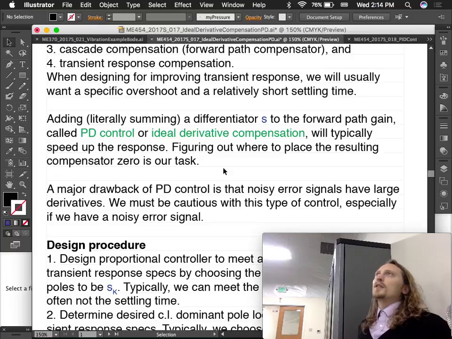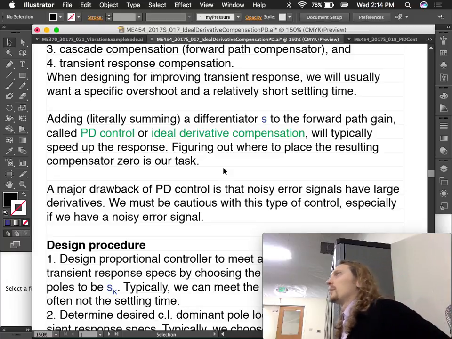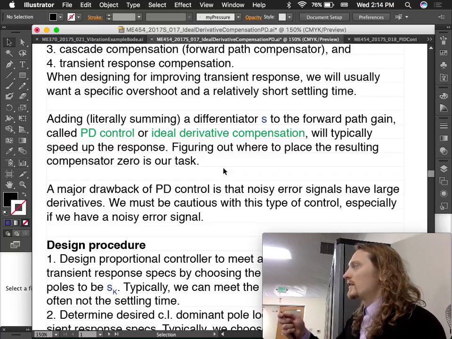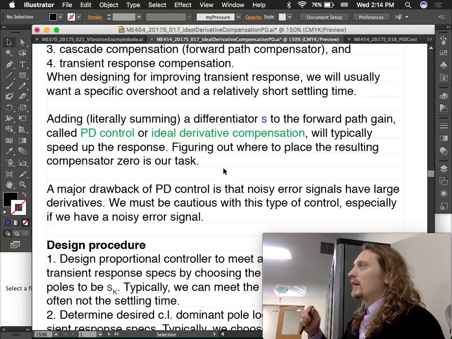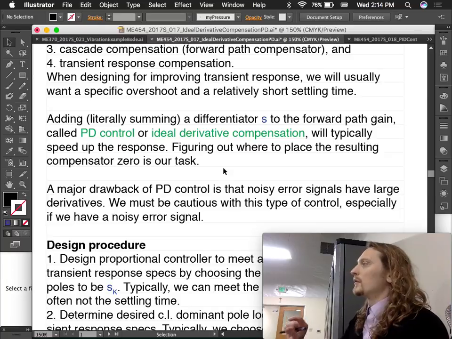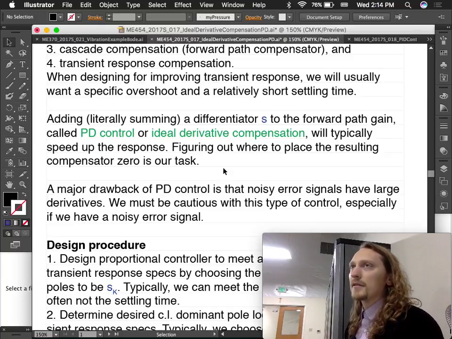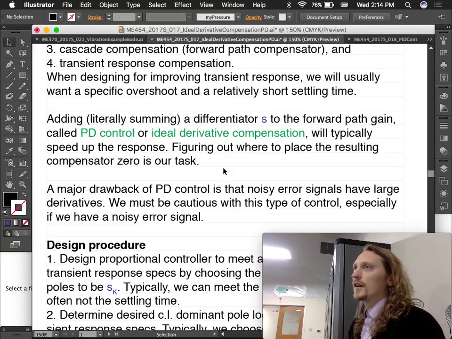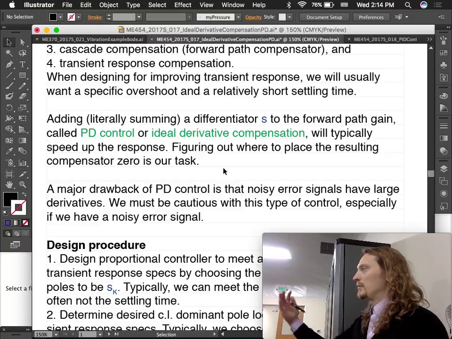Okay, so remember, let's think back to what our proportional control does. It actuates the system in proportion to the amount of error we have. It's sort of like a spring that has a force in proportion to the displacement.